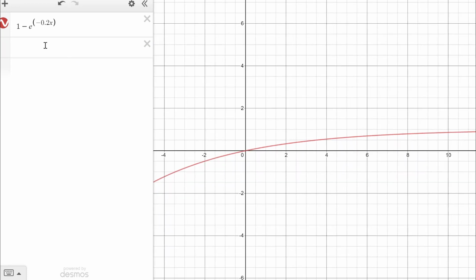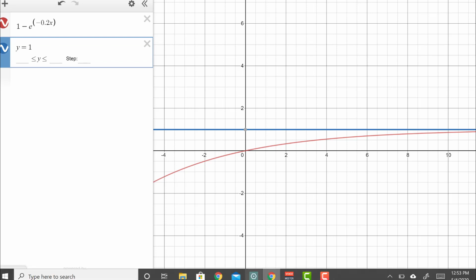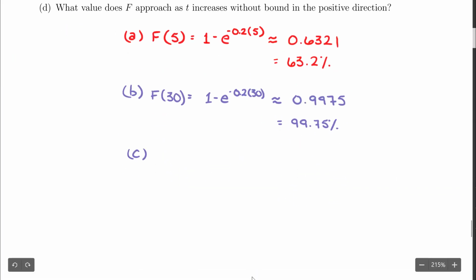What you'll notice is that I'm going to graph y equals 1. We have a horizontal asymptote at 1, and that's going to be the answer to part D, and I'm going to show you how to do that without actually having to graph this. It's just a matter of thinking it through. So part C, I'm just going to put calculator.